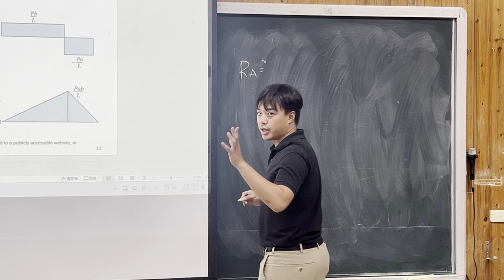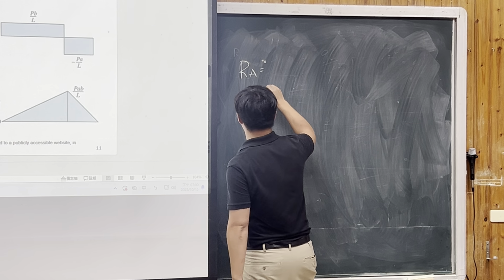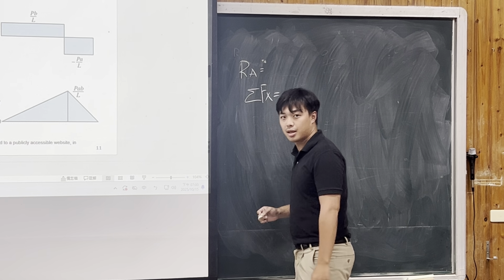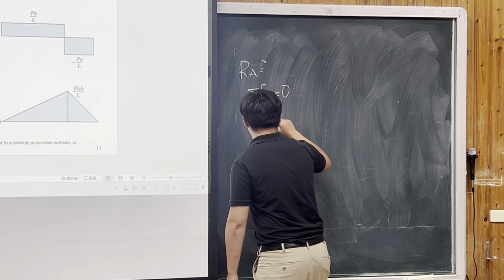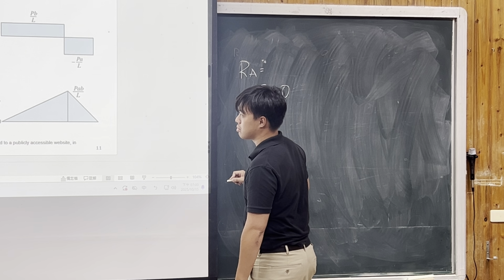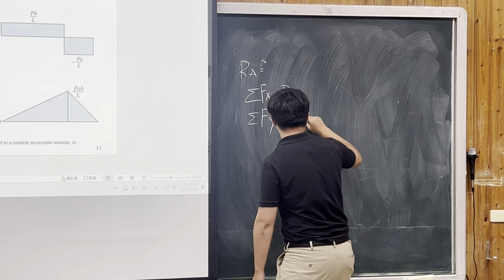Okay, let's do this the old school way. We don't need to rush. Sigma Fx equals what? 0. Yeah. Sigma Fy equals Rx plus Ry.